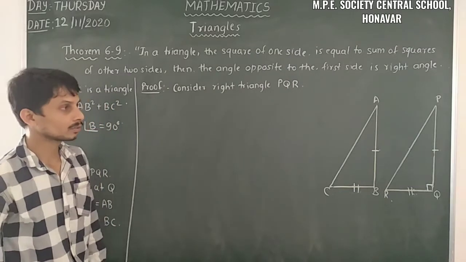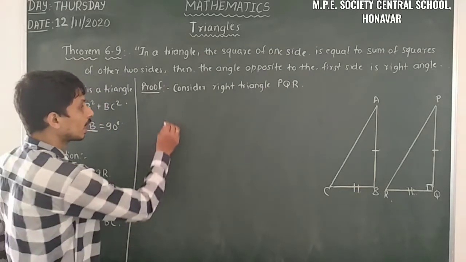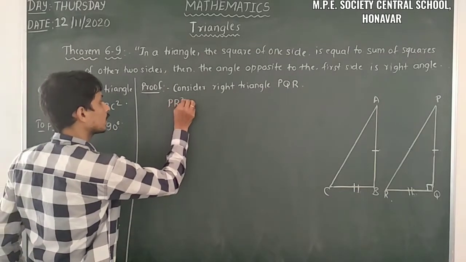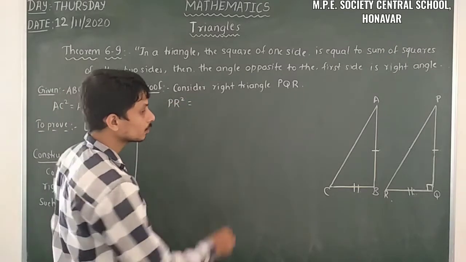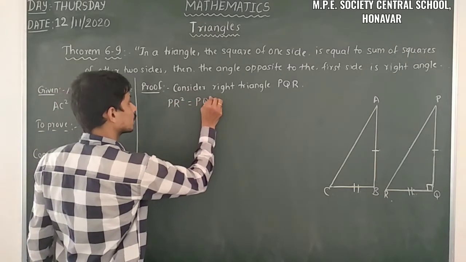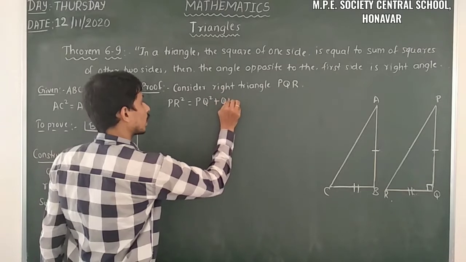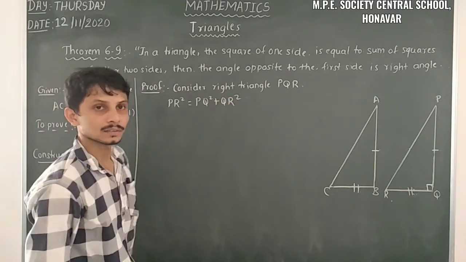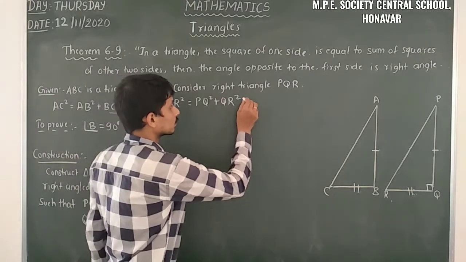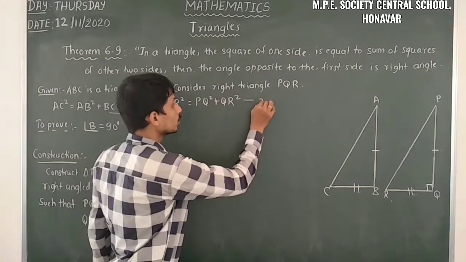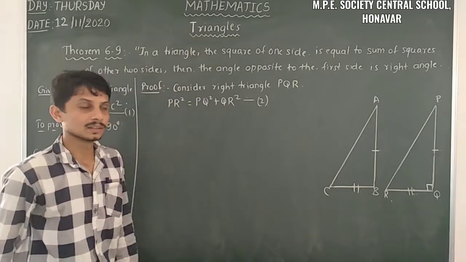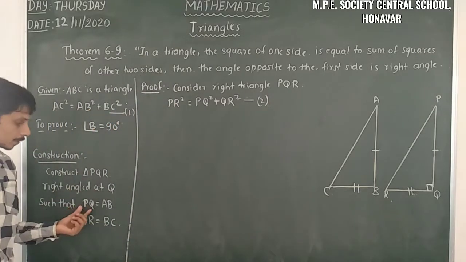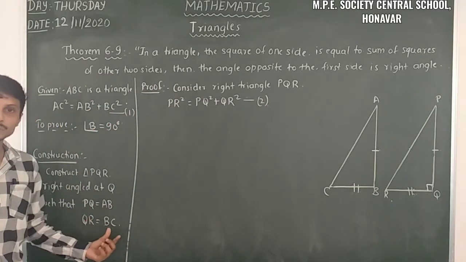By the Pythagoras theorem, PR square is equal to PQ square plus QR square. I will consider this as equation number 1 and this as equation number 2. Yes, then here we know that PQ is equal to AB and QR is equal to BC.